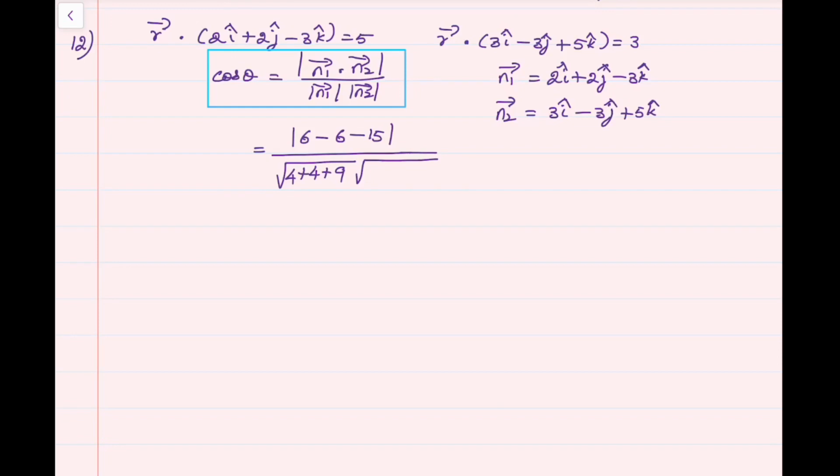times magnitude of the second vector, root of 3 square plus minus 3 the whole square, which is 9, plus 5 square, 25.